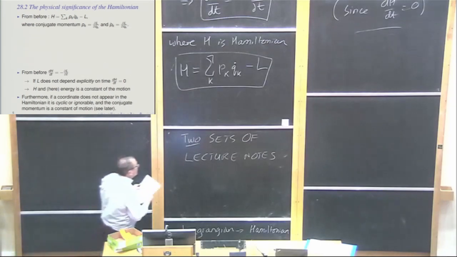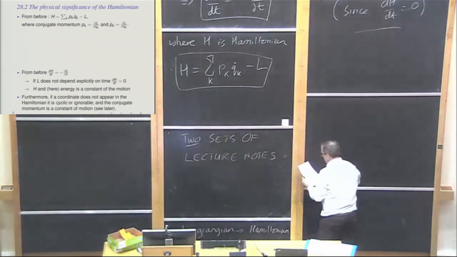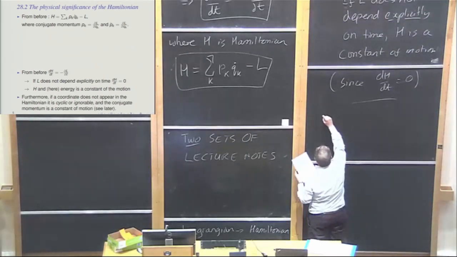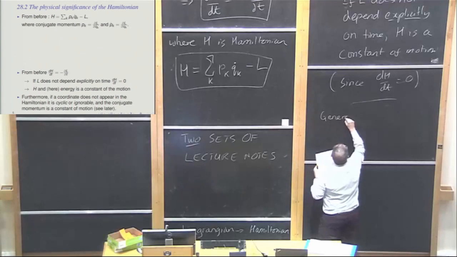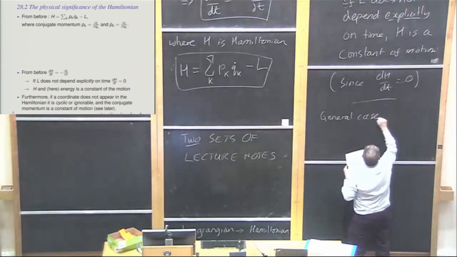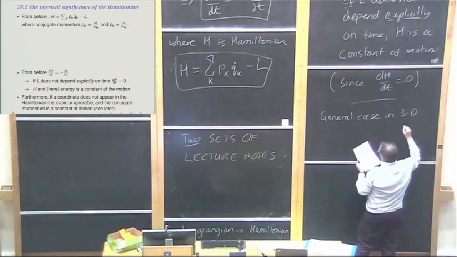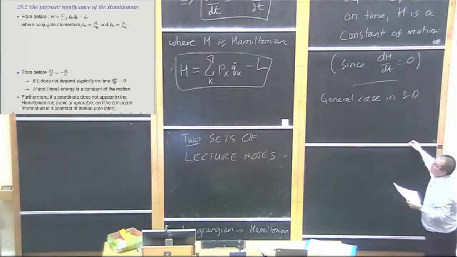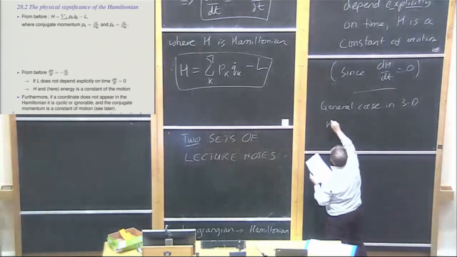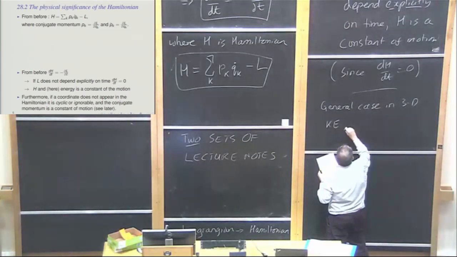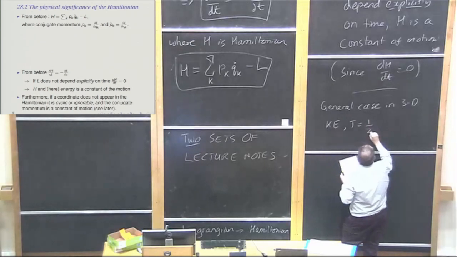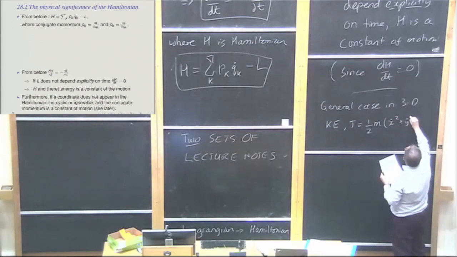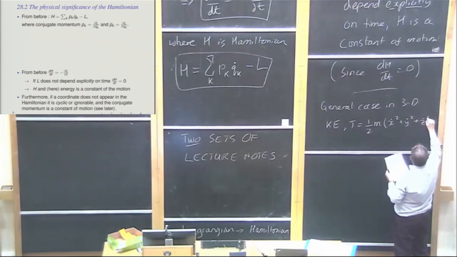So let's do that. Let's take a general case in 3D. Let us build up the Lagrangian, and then from that we will build up the Hamiltonian. Firstly, the kinetic energy T, in Cartesians, is a half m times x dot squared plus y dot squared plus z dot squared.